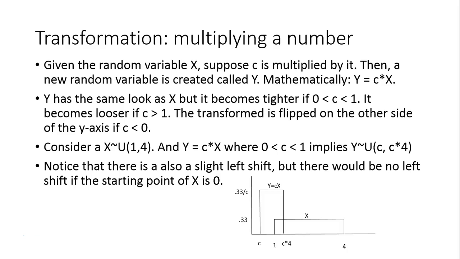I just multiply every possibility times c. So 1 becomes a c, and the 4 becomes a c times 4. Okay? Notice there is also a slight left shift, but there would be no left shift if the starting point is 0. So now in this case, the distribution has shifted to the left a little bit as well. Okay?